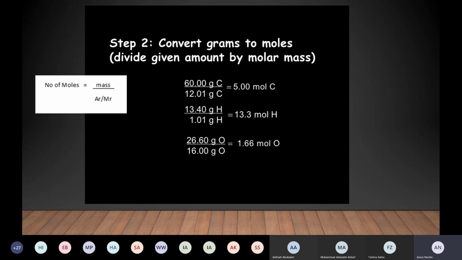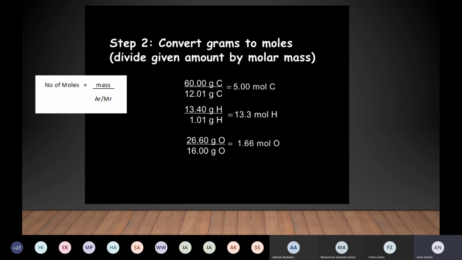What will be the number of moles for carbon? How many moles did you get for hydrogen, and what will be the number of moles for oxygen? Find the number of moles for each separately. Just divide them and give me the answer.